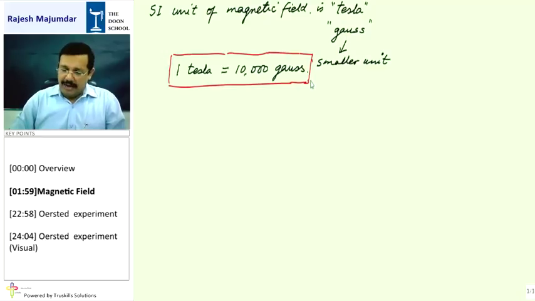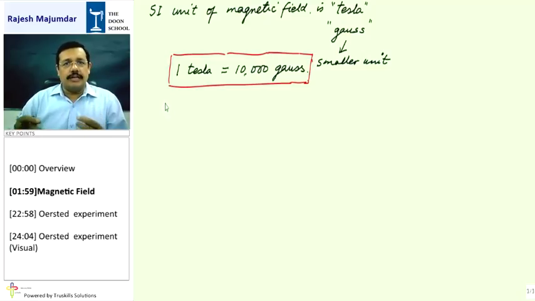So this is about the magnetic field, and let us understand the other aspect of magnetic field intensity. Now you know that magnetic field and electric field are measured by a quantity, and in the chapter of electrostatics you already learned that it is called the electric field intensity. Here we call it magnetic field intensity. So magnetic field intensity at times is also defined in terms of flux.